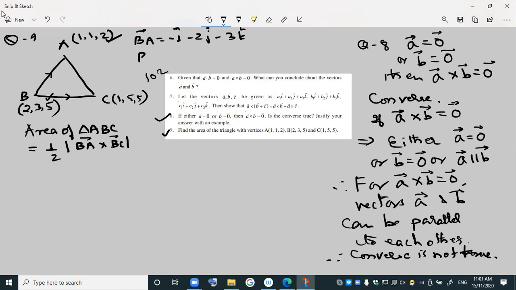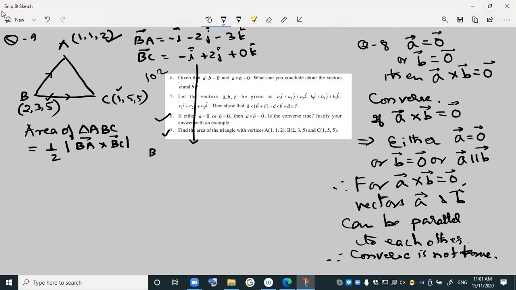Then what will be vector BC? BC is equal to C minus B: 1 minus 2 is -1, 5 minus 3 is 2j, and 5 minus 5 is 0k. Now find their cross product, then the magnitude, and then put it here.